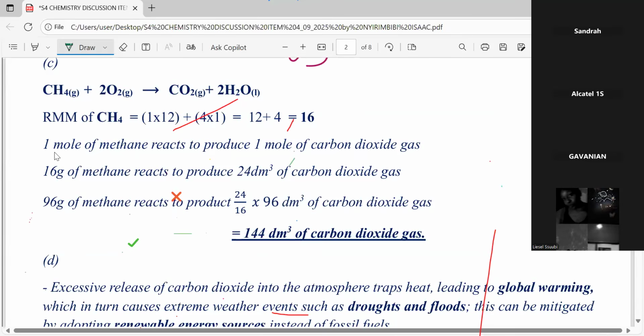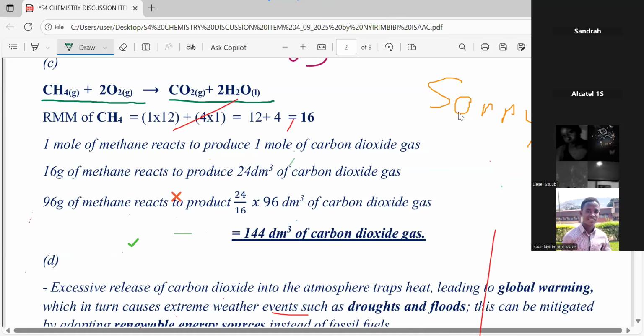We said 1 mole, and where are we getting this? We are using the knowledge of stoichiometry, where we use an equation to calculate amounts of substances, either the products or the reactants. In reactants we have methane and oxygen, and in products we have carbon dioxide and water.